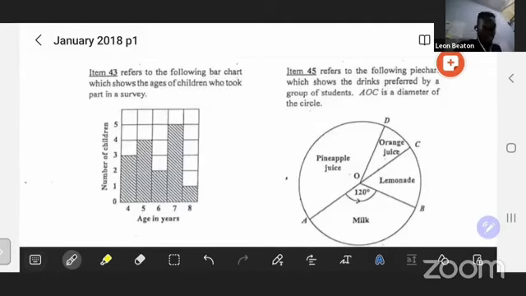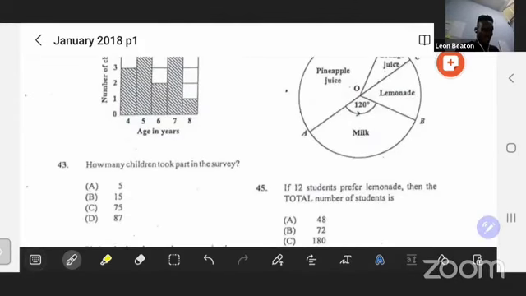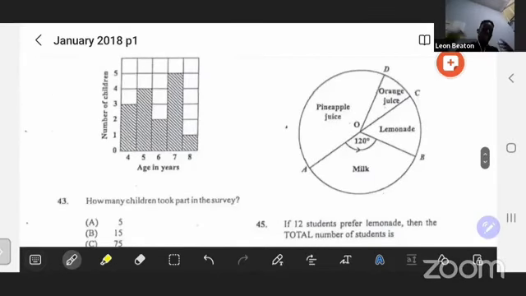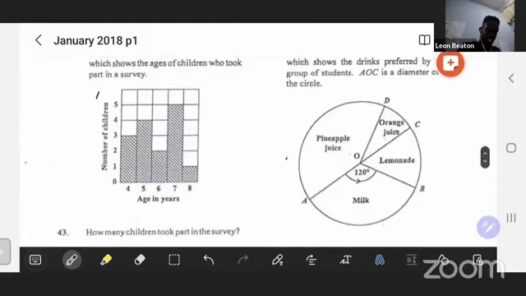Anyways, item 43 for us today: the following bar chart shows the ages of children who took part in a survey. How many children took part in the survey? I remember giving this question to some students. We have the number of children on this axis.